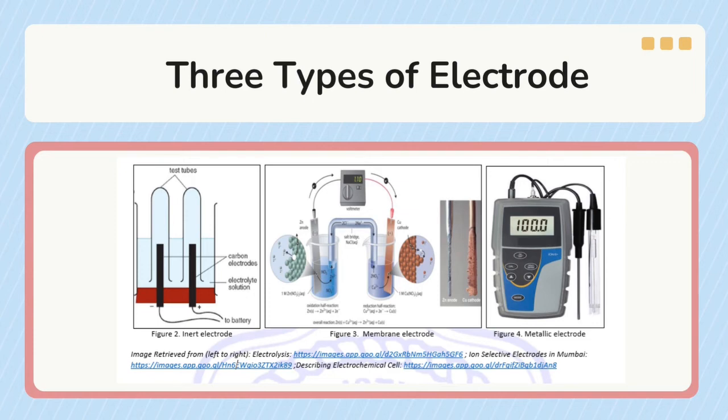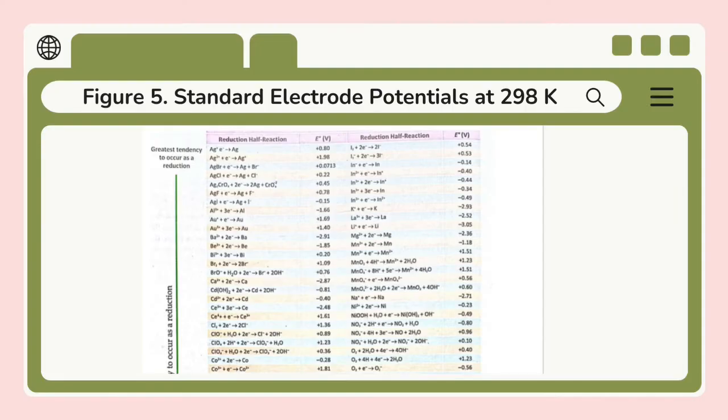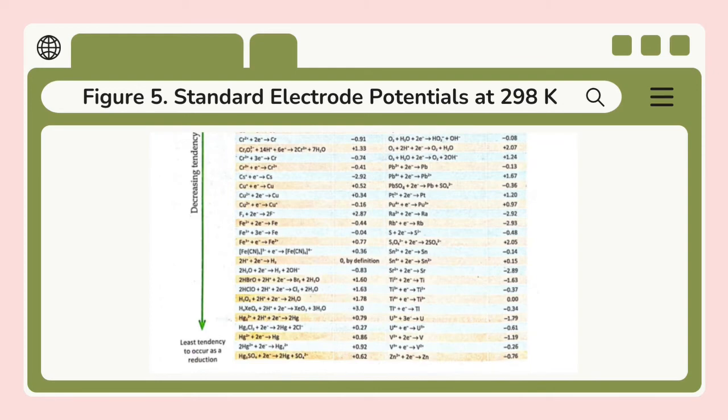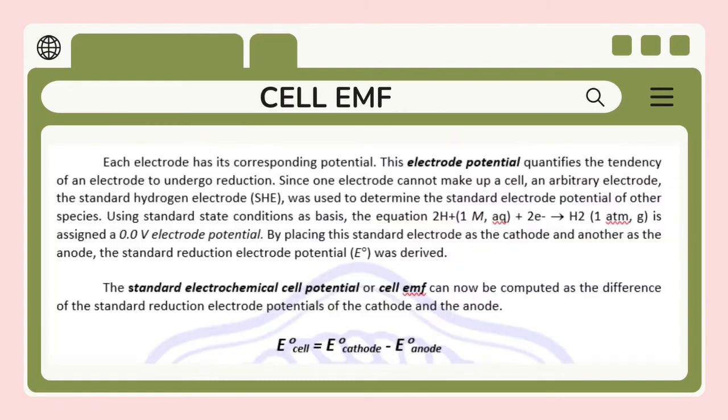Next we have the standard electrode potential at 298 Kelvin or 25 degrees Celsius. This is what we will be basing on later on, in order for us to know the standard electrode potential of a specific chemical or compound. So, cell EMF.